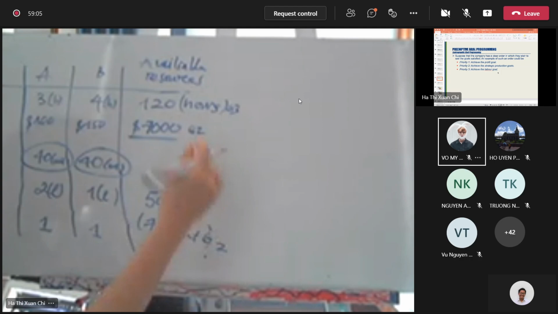So right now how can we formulate, everyone? When I write 1, 1, 2, 2, 3 here, it means they relate to sub-constraints. But for the constraint, I don't write anything here.